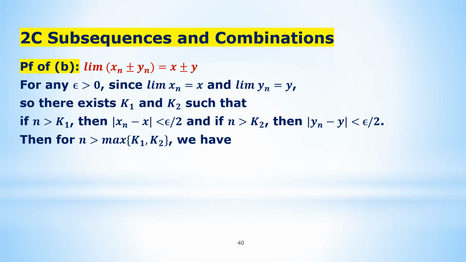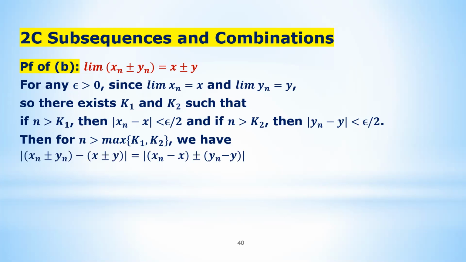Naturally, I can choose n greater than the maximum of k1, k2. If you want, you can call the maximum of k1, k2 a number k, for instance. Once n is greater than the maximum of k1, k2, we're going to have both inequalities, and then I can come back to work on the final inequality for the combined sequence.